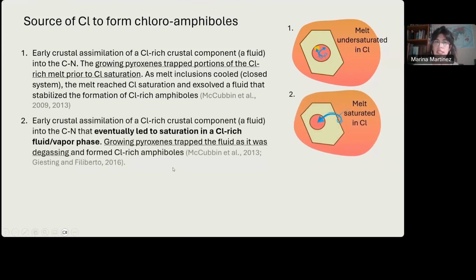Second model, exactly the same, but the trapping is once the melt is saturated in chlorine and exsolves a chlorine-rich fluid, and then this chlorine-rich fluid is trapped by the growing pyroxenes as it was degassing and formed the chlorine-rich amphiboles.